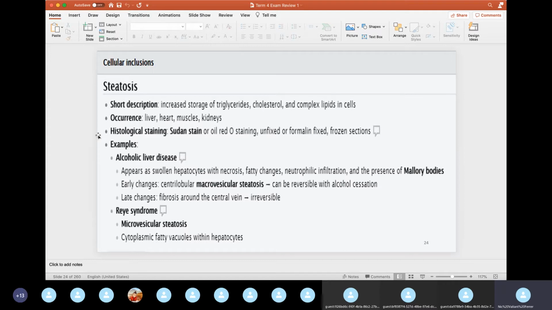Can you imagine that? Fat deposition in your liver, in your heart, in your muscles, in your kidneys. What's the stain? High yield Sudan stain or oil red O staining. Okay. Example, if you're alcoholic, of course, you can have presence of your Mallory bodies or Rice syndrome. What is this Rice syndrome?